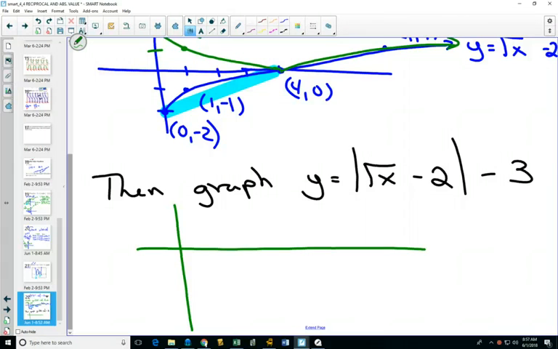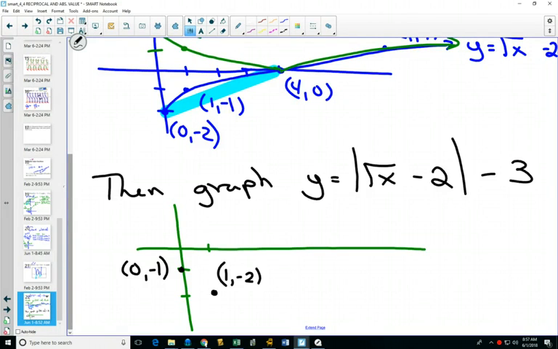So our point that is at 0, comma 2, when I shift it 3 units down, will be at 0, comma negative 1. Our point that was at 1, comma 1, when I shift it 3 units down, will now be at 1, comma negative 2.